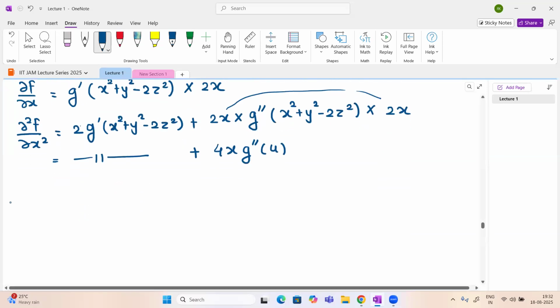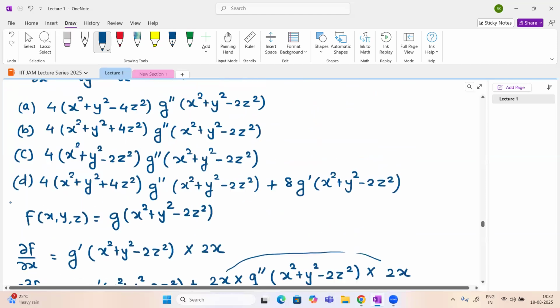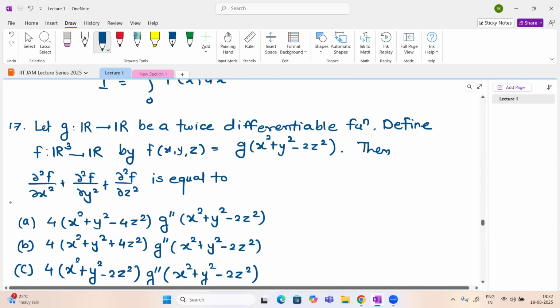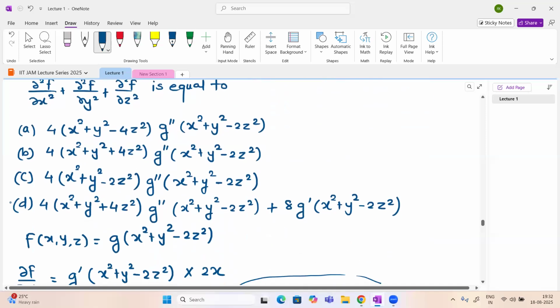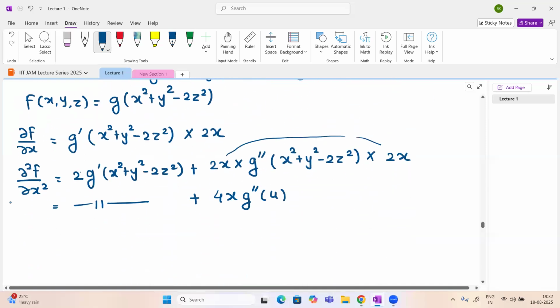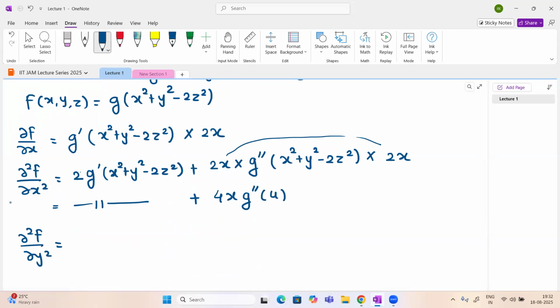But see, the function is symmetric for x and y. That means if you interchange x and y, the function remains the same. So similarly, I can write the second order partial derivative of f with respect to y.